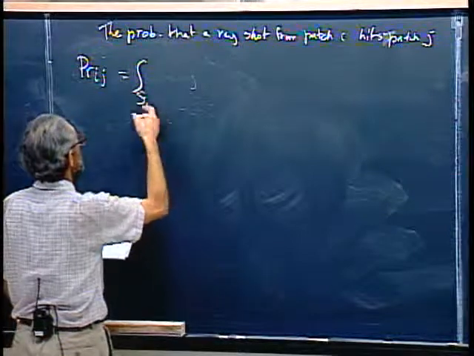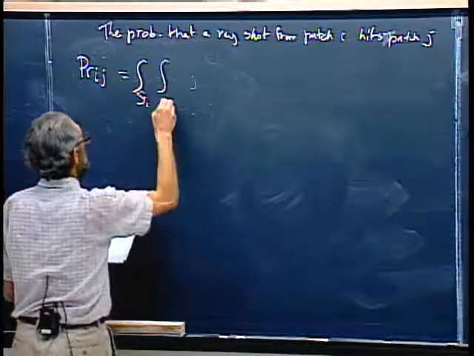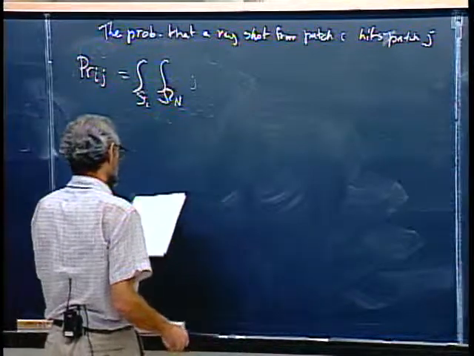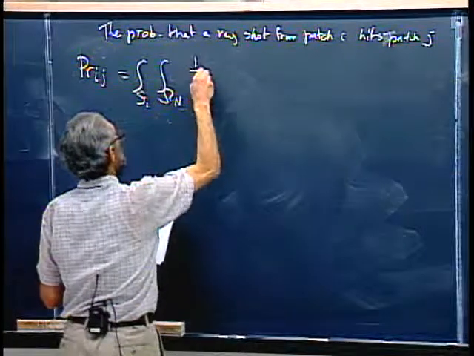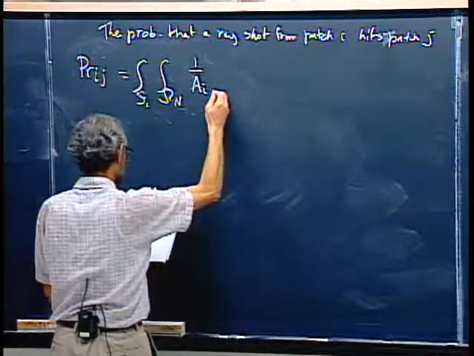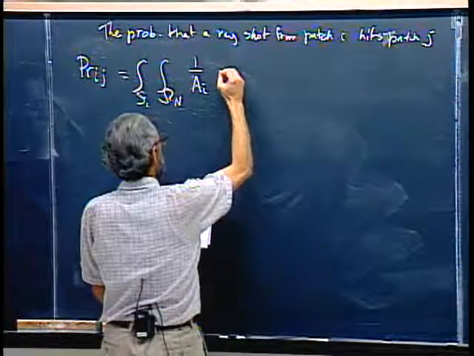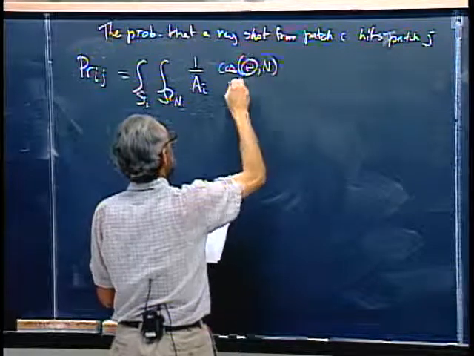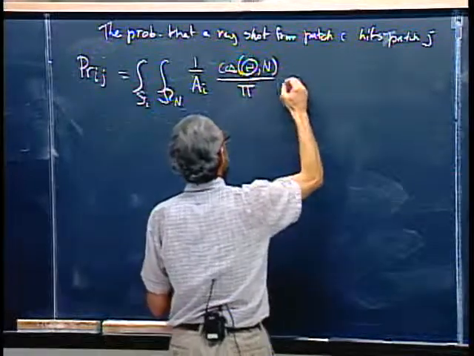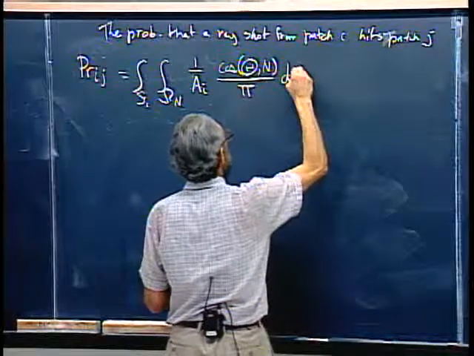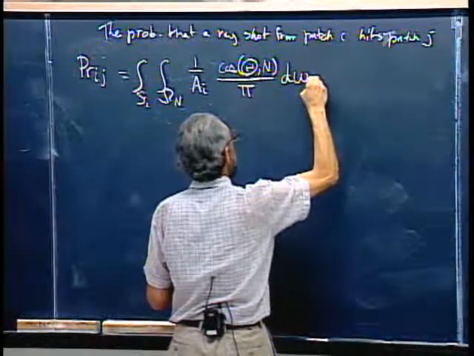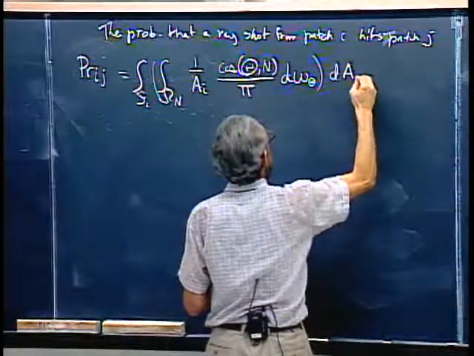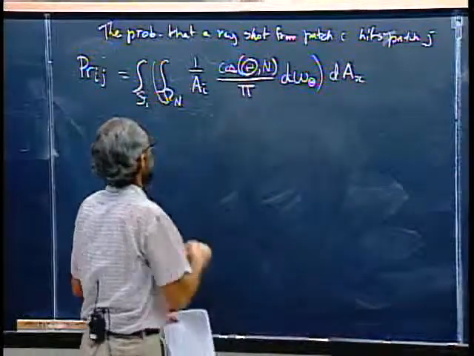Integral over the area of the patch I, integral over this normal above the patch, assuming it's a flat patch, of the probability density, 1 over A_I times cosine of the angle between theta and this normal divided by pi, integrated with respect to the solid angle of these thetas for the inner integral, and then integrate it dA_x over this patch I.